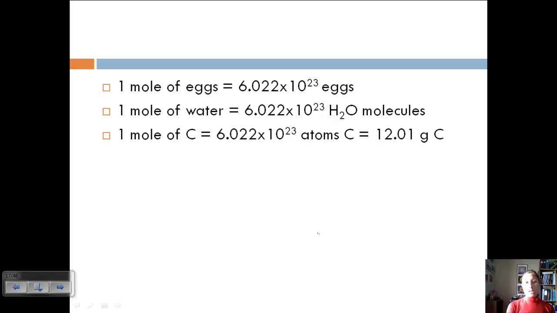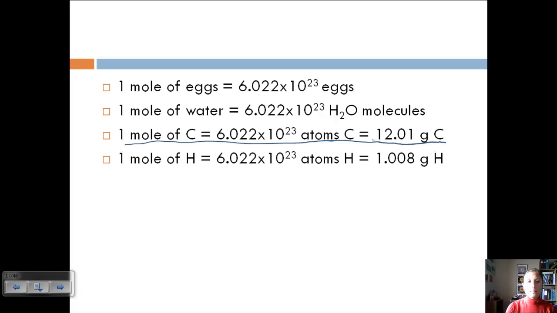Now, if you remember what we just talked about relating AMUs to grams, based on the periodic table, we can also say that that is equal to 12.01 grams of carbon. And so here we have 2 new conversion factors, moles to atoms, and moles to grams. We're going to be using these to convert between all 3 of those units.